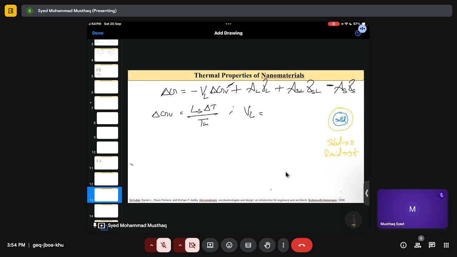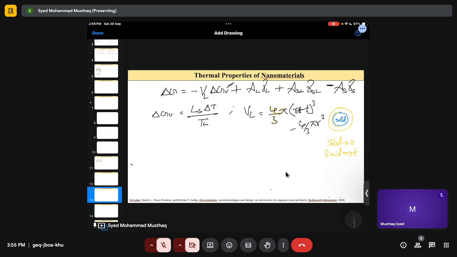Volume of liquid must be, let's say this is hollow, okay? So 4 by 3 pi, R, not R. Let's take blank. So 4 by 3 pi (R plus T) whole cube minus 4 by 3 pi R cube.